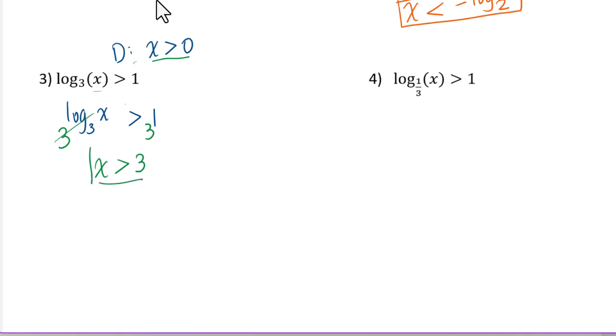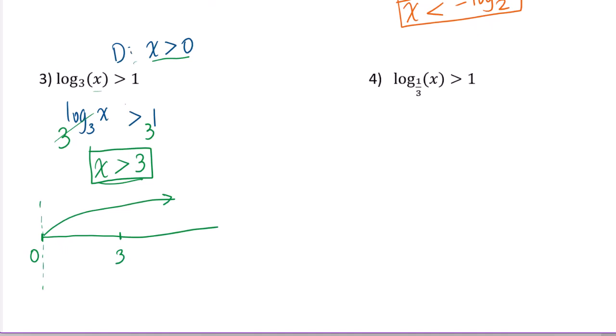We know x greater than 3 is the solution. We can draw the number line. Here is 0, basically a vertical asymptote line. So greater than 0 is this one. This is 3. Greater than 3 is this. So the intersection of x greater than 0 and x greater than 3 is x greater than 3.